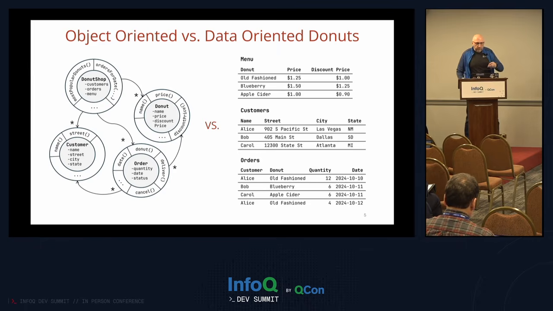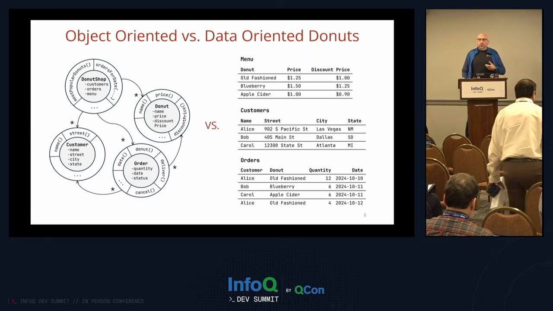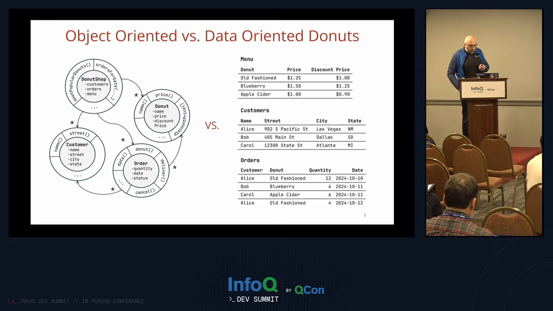So this is the introduction. Our main entities are the donut shop itself, which has customers. Customers have a name and address. Then there is a menu of donuts available with their name, price, and discount price if you buy a lot of them. And then you have donut orders.